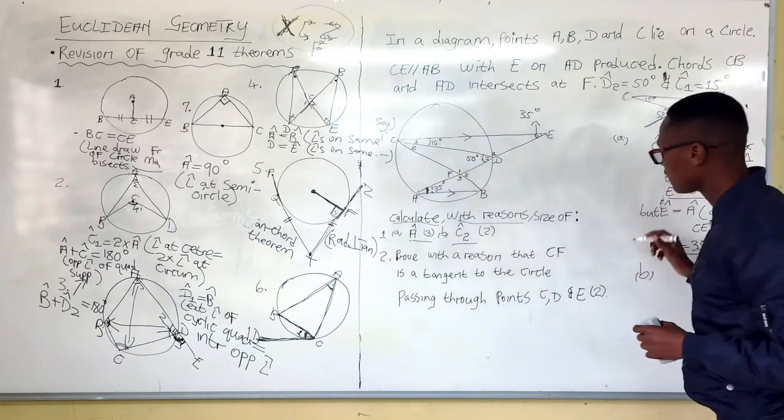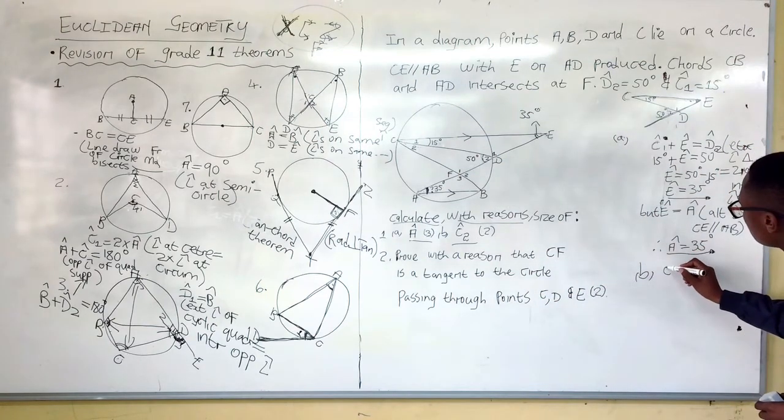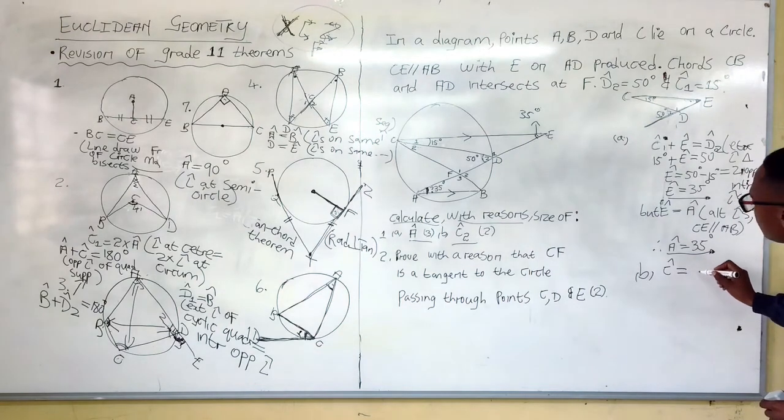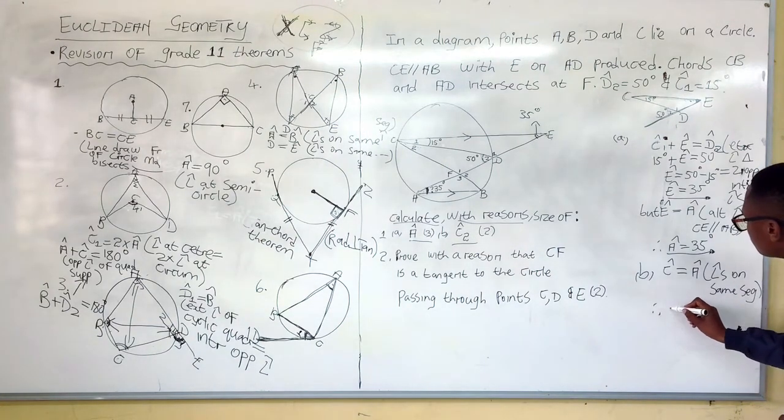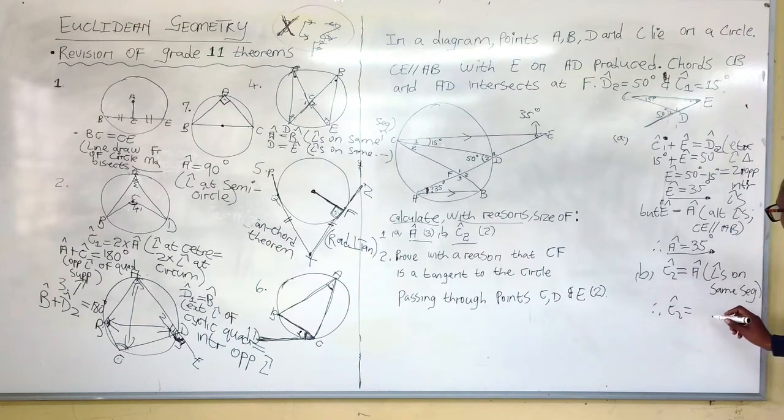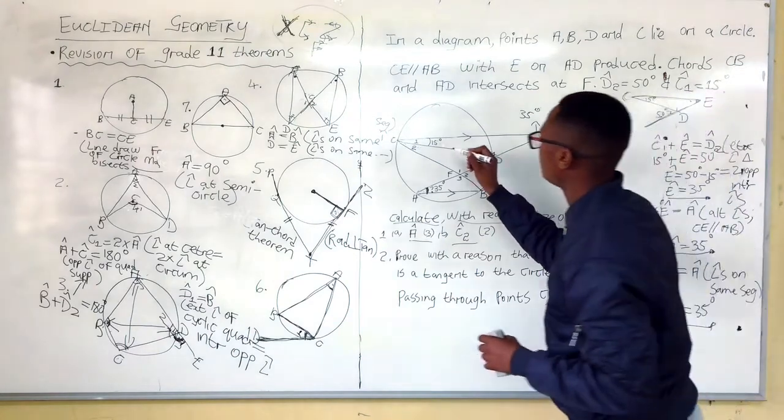So angle C2 is equal to angle A. Why? Because they are angles on the same segment. Therefore, angle C2 is equal to 35 degrees, because we've already gotten angle A, which is 35. So C2 is also 35. So we have 35 here.